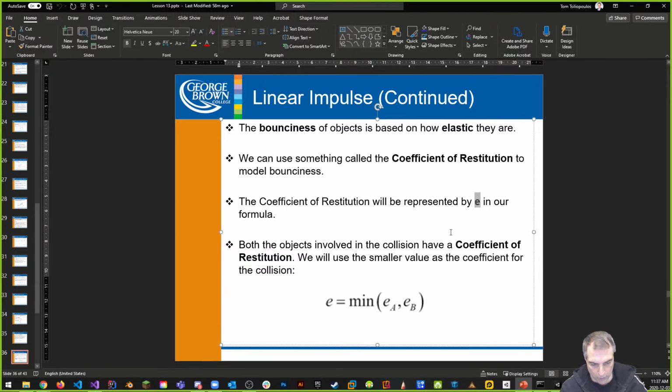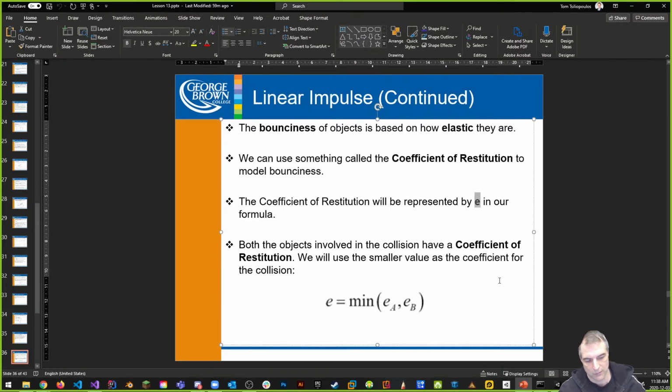Both objects involved in the collision have this restitution, and we will use the smaller value as the coefficient for the collision. Say we have two objects colliding, object A and object B, and both have some kind of bounciness. One is a brick, the other is a ball. The ball might have a much higher coefficient of restitution than the brick.